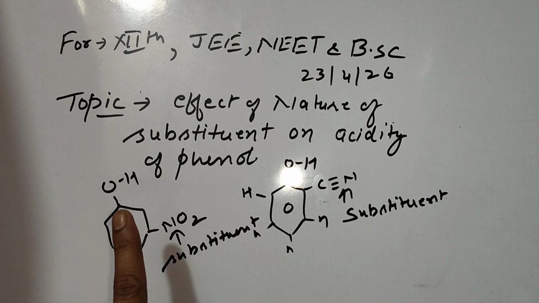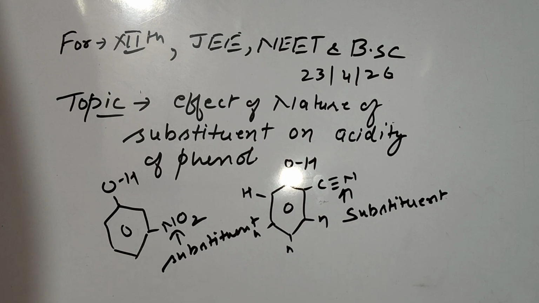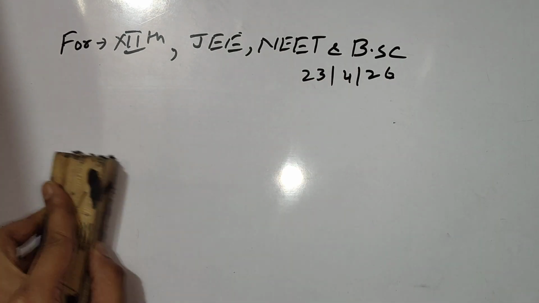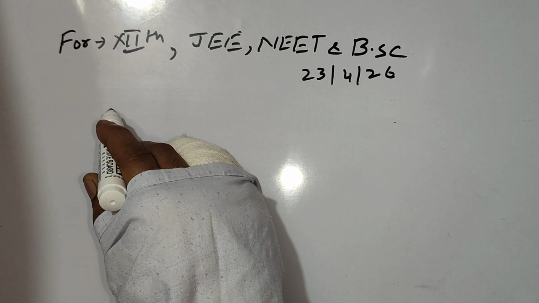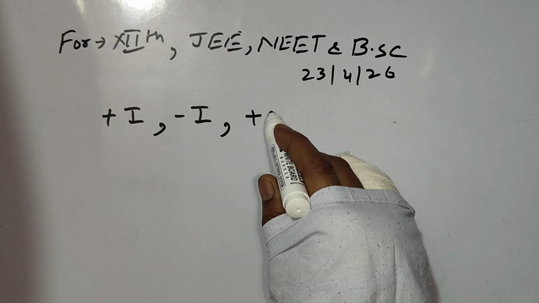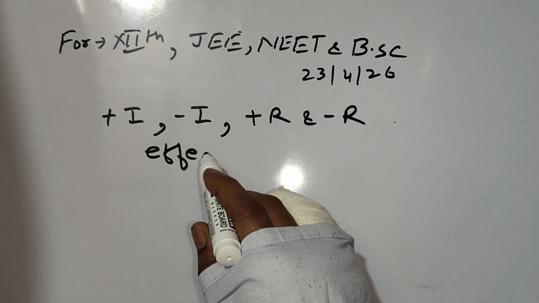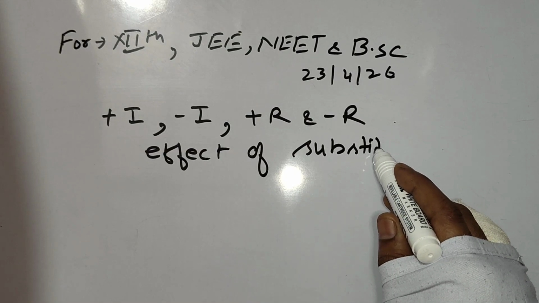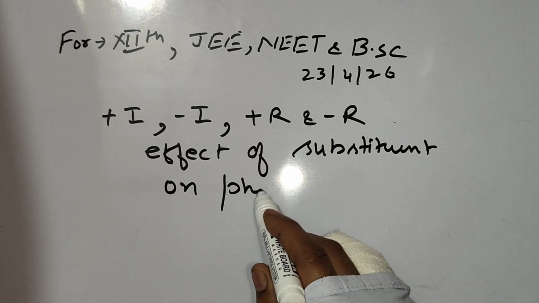Now these substituents definitely affect the acidity of phenol. How? To understand that concept, first we need to understand these four effects: plus I, minus I, plus R and minus R effect of substituent on phenol.